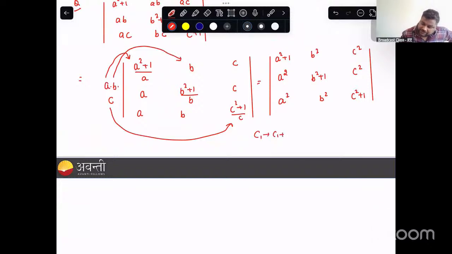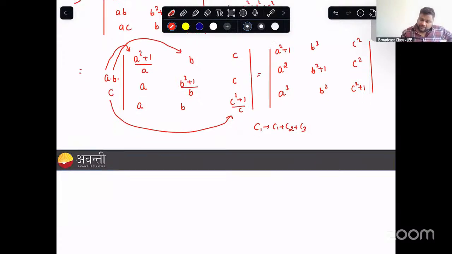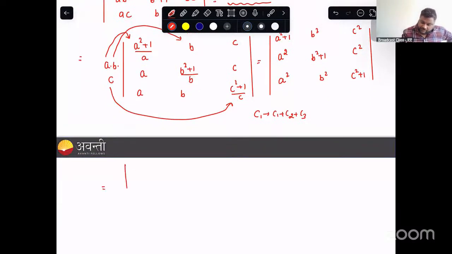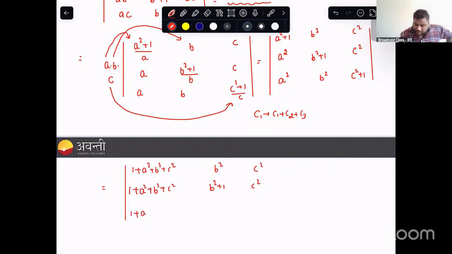Write C1 as C1 plus C2 plus C3. So it will be determinant 1 plus A square plus B square plus C square, B square, C square; 1 plus A square plus B square plus C square, B square plus 1, C square; 1 plus A square plus B square plus C square, B square, C square plus 1.